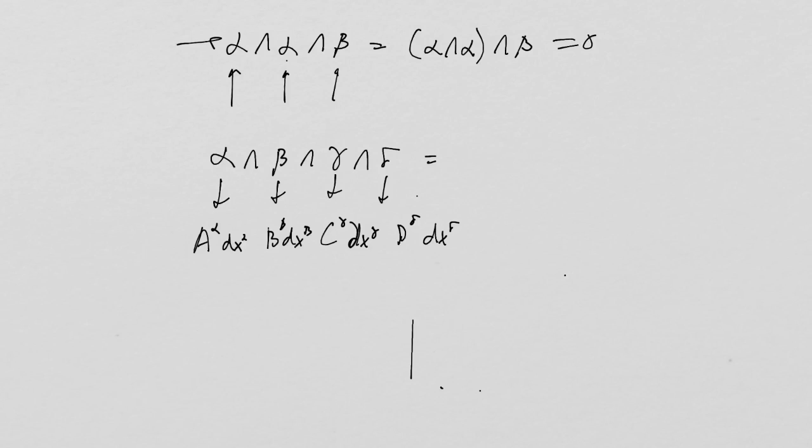And when we do that, we're going to end up with A_alpha B_beta C_gamma D_delta dx^alpha wedge dx^beta wedge dx^gamma wedge dx^delta.